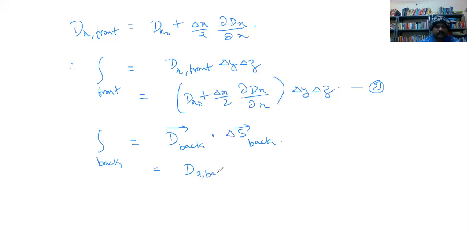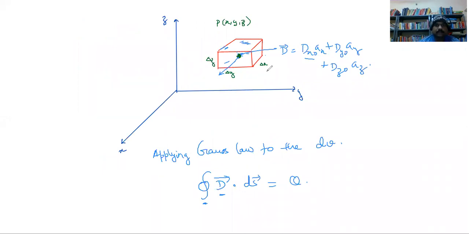Dx back dot ax. Correct. So the magnitude I will take as Dx back. We are dealing with the x-axis only. Delta S back means this back surface.